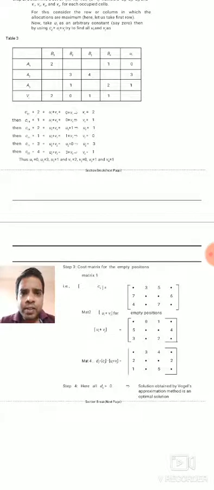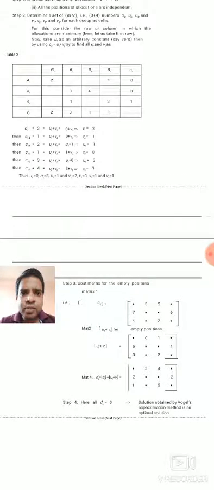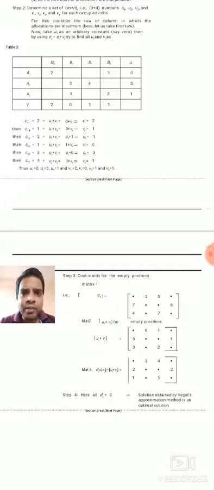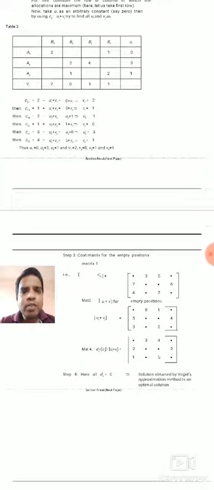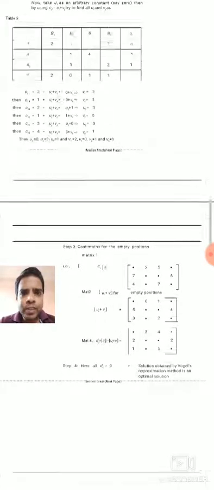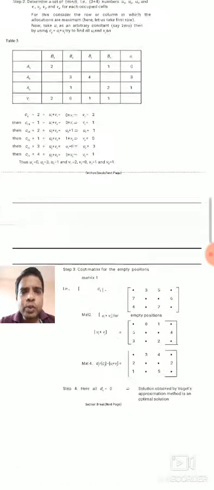Please remember there are 4 destination centers, so we take v1, v2, v3, v4 for every column: b1 as v1, b2 as v2, b3 as v3, b4 as v4. Next, the sources: a1 is taken as u1, a2 as u2, a3 as u3.